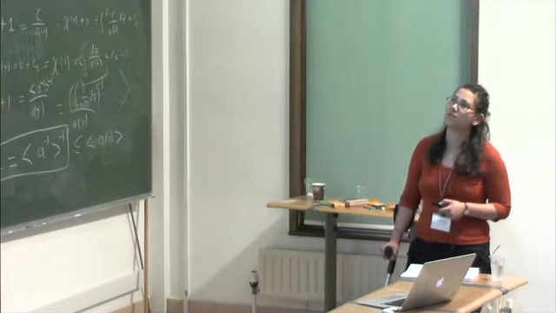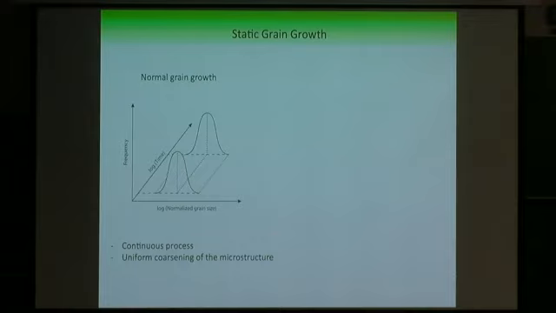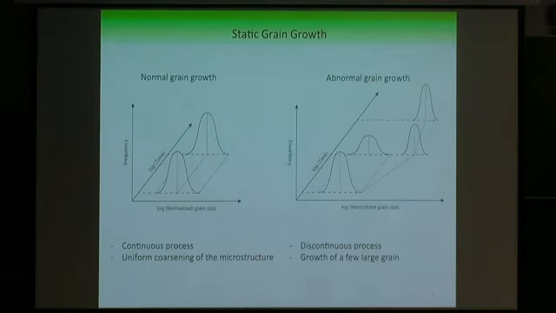The first one is normal grain growth, where if we plot the distribution of the grain size, we can see that it shows a unimodal distribution, and that with increasing time, this distribution does not change. So it's a continuous process which shows a uniform coarsening of the microstructure, which is opposed to abnormal grain growth, where we can start out with a unimodal grain size distribution, and as time increases, then we have large grains that are going to develop at the expense of the small grains forming the matrix.